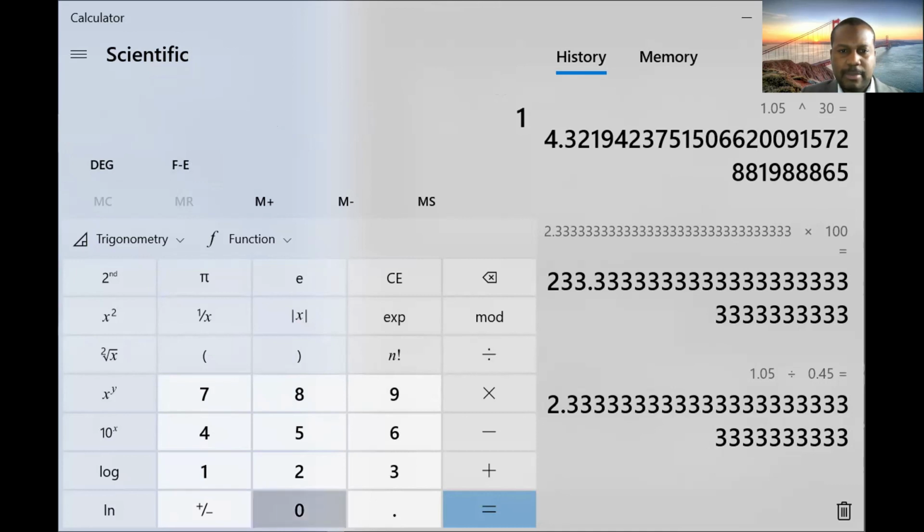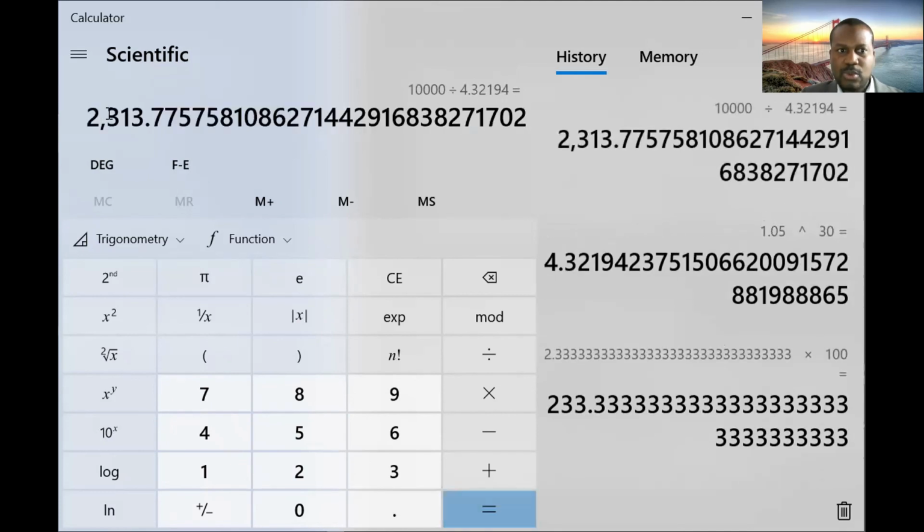So let's divide that by 10 grand. 4.3219. Use 5 decimal places. And so that is 2,313.77.